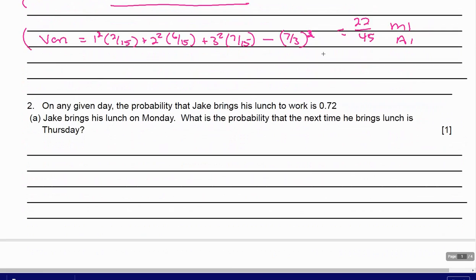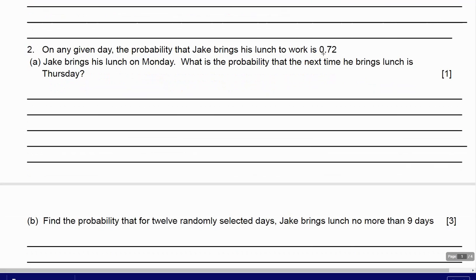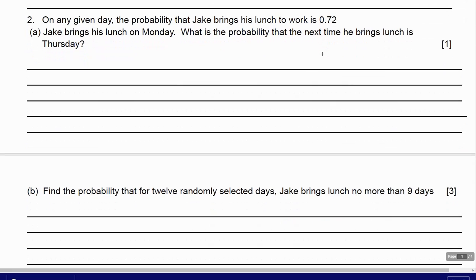All right. Now, tell me about this one. It says that on a given day, the probability that Jake brings his lunch is 0.72. Jake brings his lunch on Monday. What's the probability that the next time he brings his lunch is on Thursday?